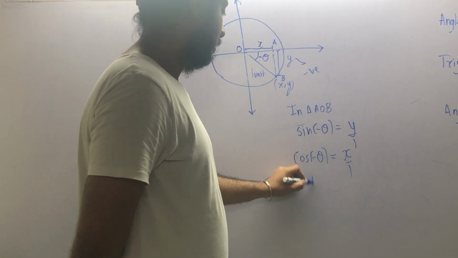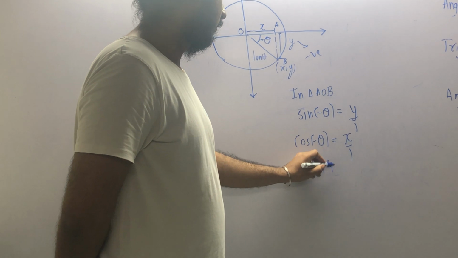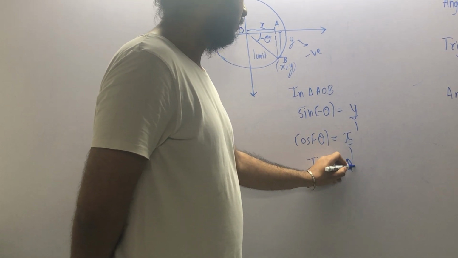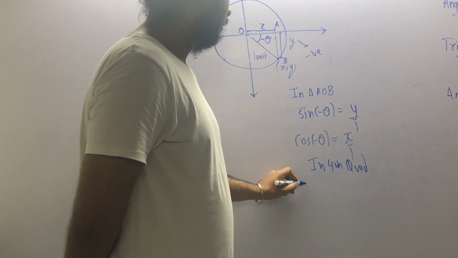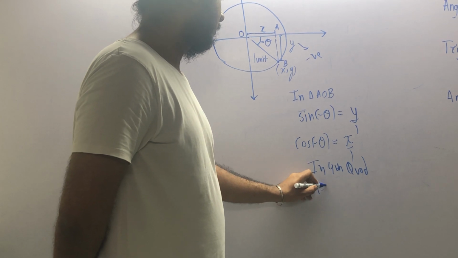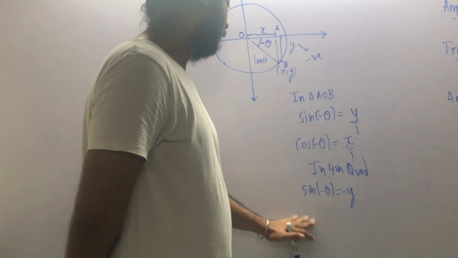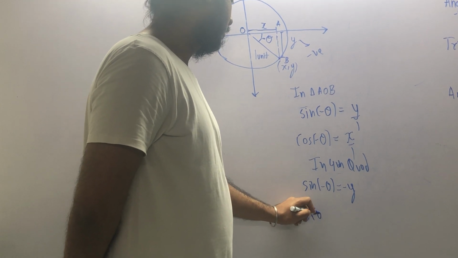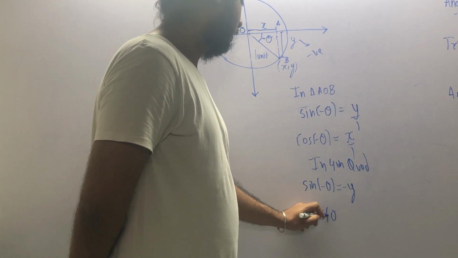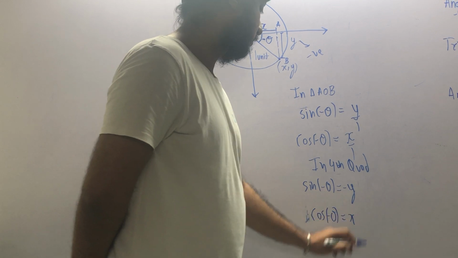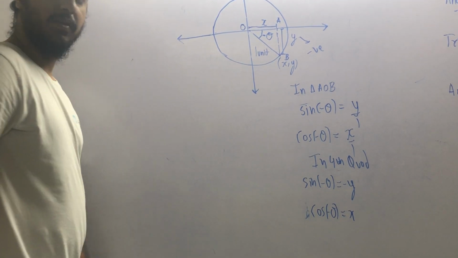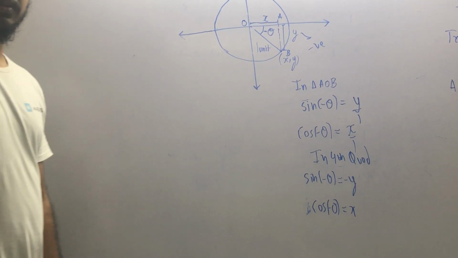So in fourth quadrant, sine of minus theta will become minus y and cos of minus theta will remain same.